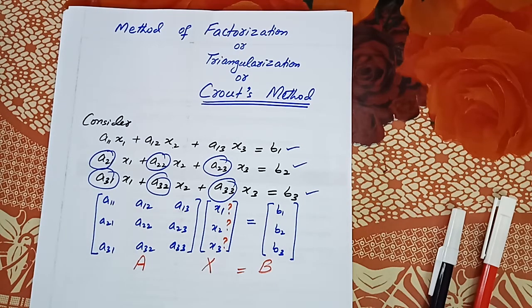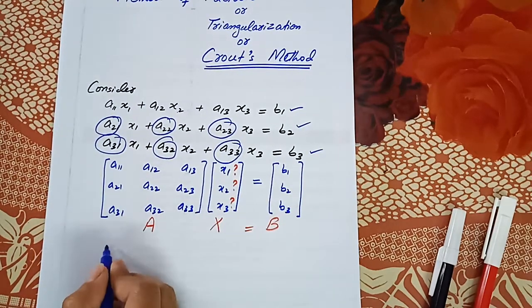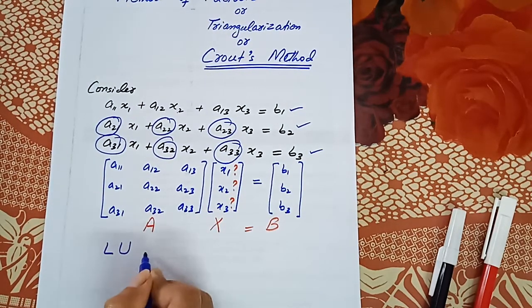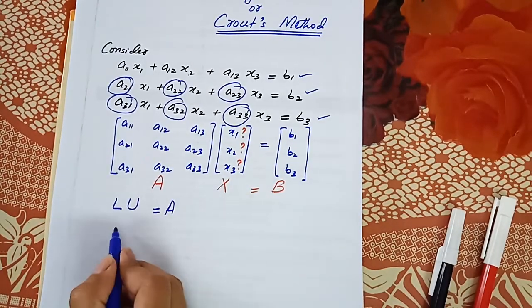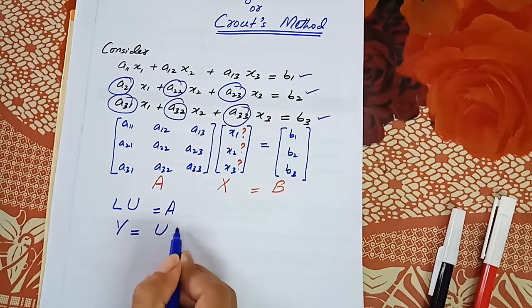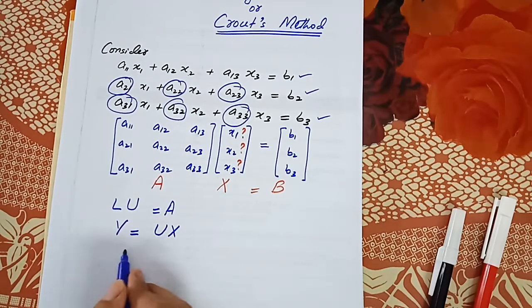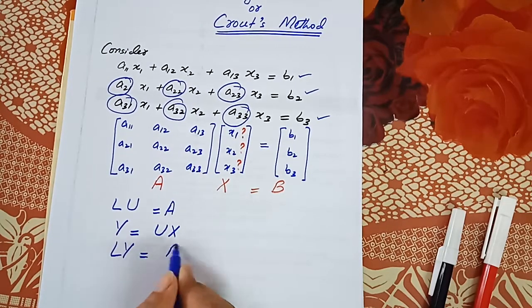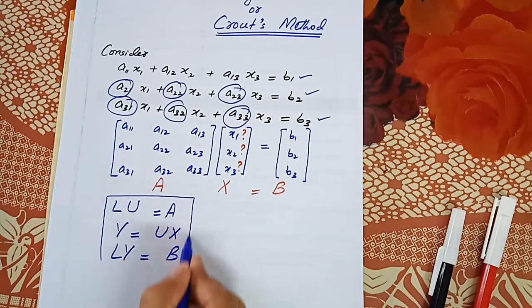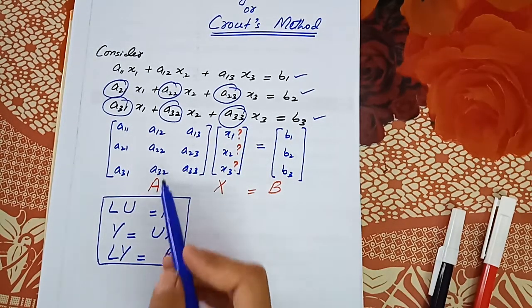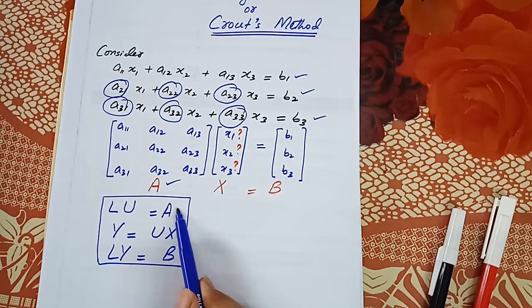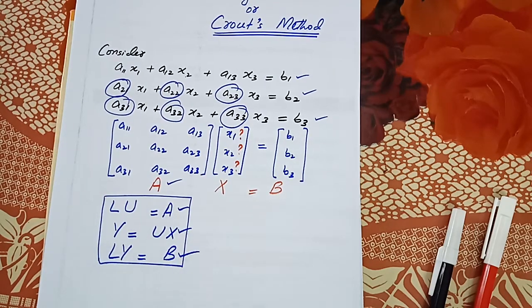Now in this method we will basically need three equations, and these three equations are L times U equals A, that we will use in solving the equation, Y equals U times X, and LY equals B. These are three matrix form equations that we will use to find out these x1, x2, and x3. Now you know what A is, you know what X is, and you know what B is.